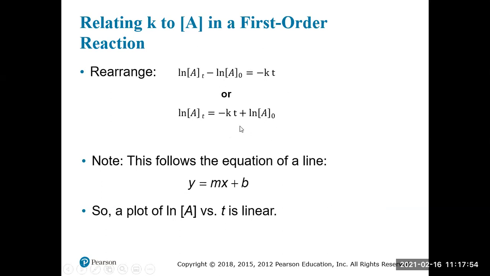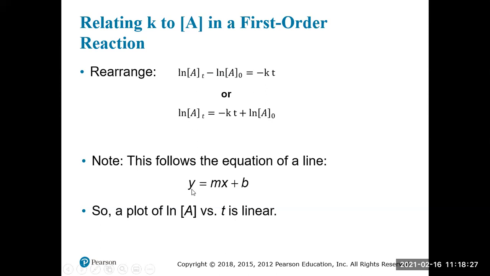We can further rearrange this. We can bring this natural log of A over to the right-hand side of the equation. And we wind up with natural log of A sub t equals minus kt plus natural log of A sub 0. What's key about this, and the reason why you would want to rearrange things to get to this form of the equation, is that this sets us up to look like the equation of a line.